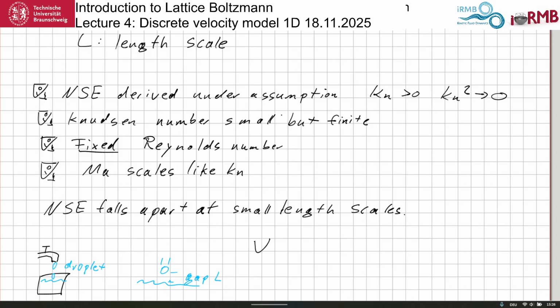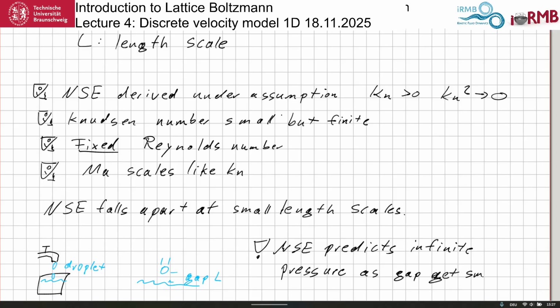That's the point here. So what would happen if you let a droplet fall into water? Then the Navier-Stokes equation predicts that the pressure in this gap rises to infinity before they merge. And so this will drive them apart. So the smaller the gap, the more the pressure, right? And so they will always stay apart.